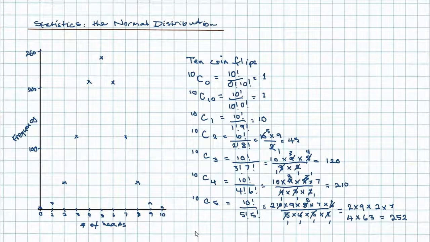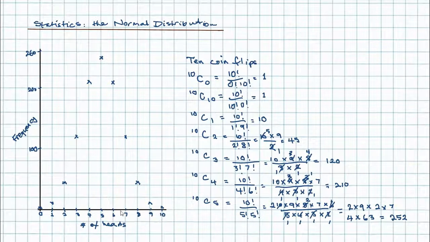The reason why this is such an important shape is that we'll also find this in other situations when we're taking statistical information, when we're gathering data. If we gather data and we see this bell curve shape, then we'll know we've got a normal distribution, the sort of thing that's produced by random forces.